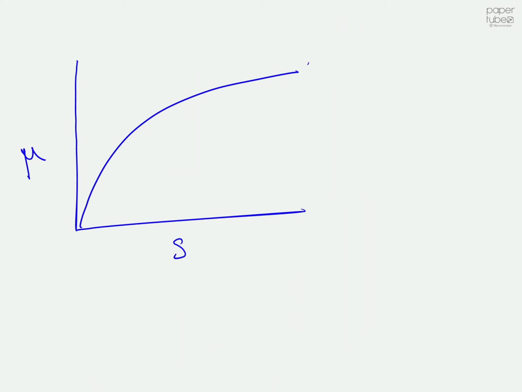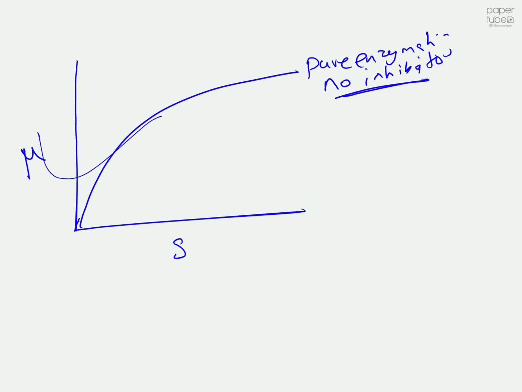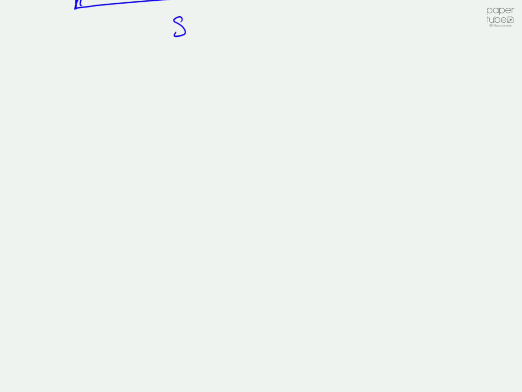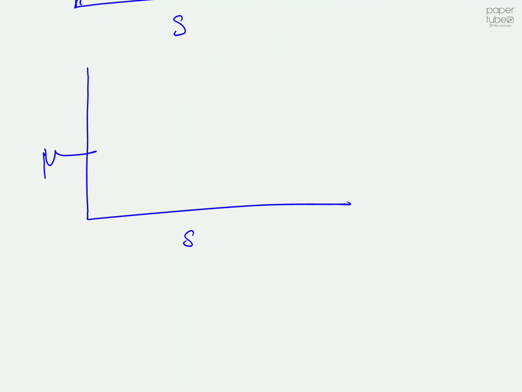If you really do some experiment, let's say we have substrate concentration and initial velocity. If this is a pure enzymatic reaction with no inhibitor, it will look like that. But when we have a non-competitive inhibitor, maybe this is not a great graph, I will try to redraw it. Substrate versus mu. So let's say you have some graph like that.